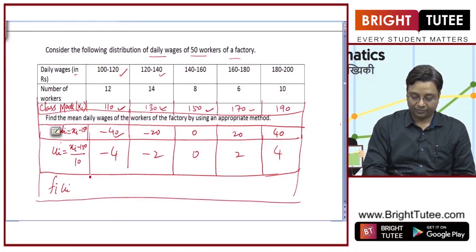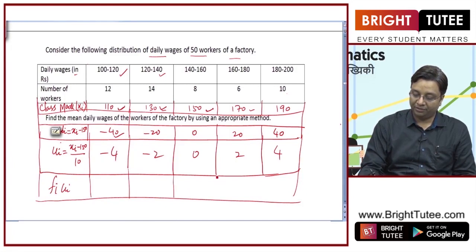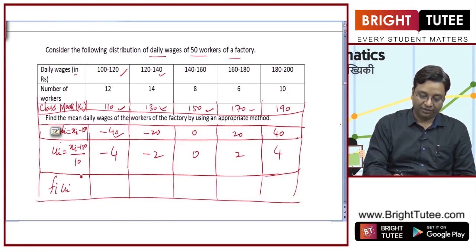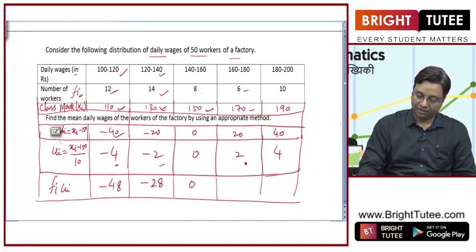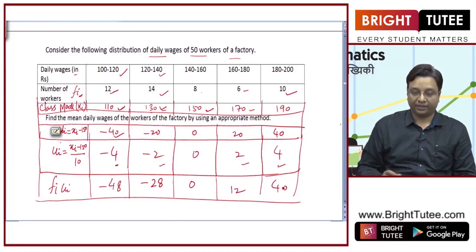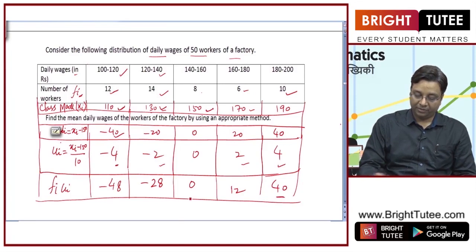Now fi ui. You got an idea? I am using the step deviation method in this. So fi ui, this is the frequency, 12 into minus 4 is minus 48, 14 into minus 2 is minus 28, 8 into 0 is 0, 6 into 2 is 12, 10 into 4 is 40, right.